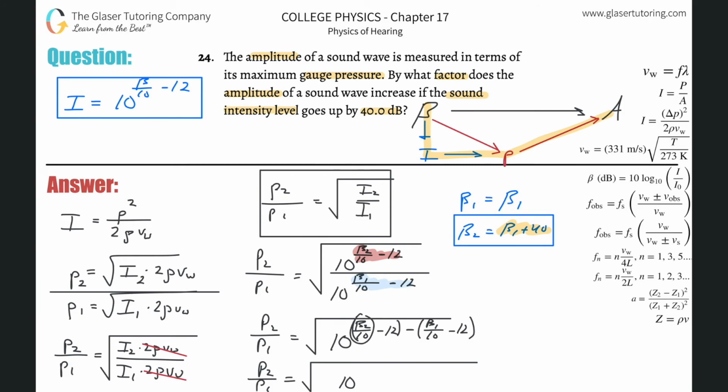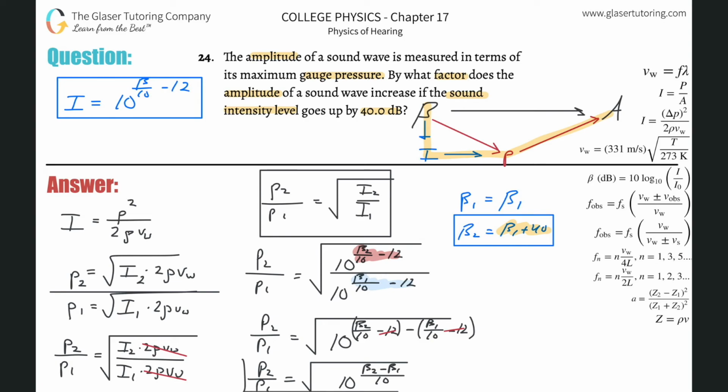Beta 2 over 10 minus beta 1 over 10 would be simply beta 2 minus beta 1 all over 10. And then minus 12 minus a negative 12, oh goody golly. Negative times a negative is a positive, so you have a positive 12 and a negative 12, and they just cancel. That is fantastic. So this is literally what it works out to be, this fraction. I'm going to box it.